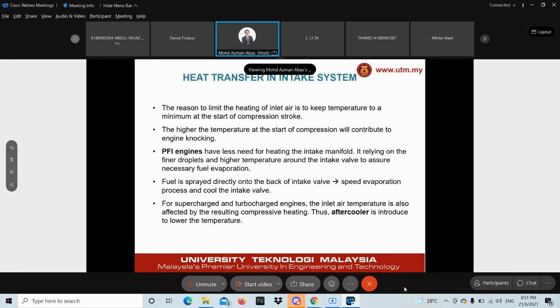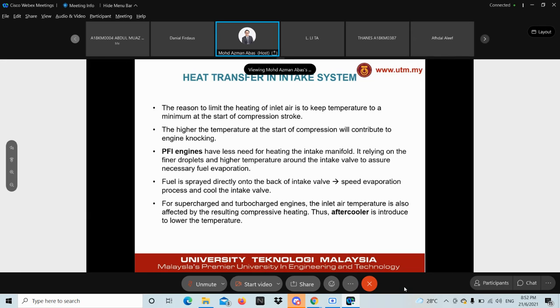Port fuel injection engines have less need for heating the intake manifold. They rely on the finer droplets from the injector system and the higher temperature around the intake valves to ensure the necessary fuel evaporation. So on most PFI engines, vaporization of fuel is not so much of a concern.